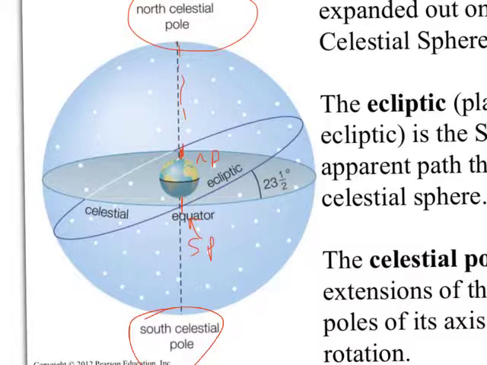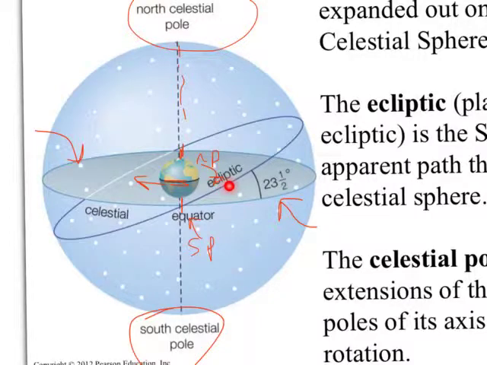There is a celestial equator too. If we take the Earth's equator and extend it out, we get the celestial equator. That's that light blue circle right here. Now, drawn at a tilt here is what we call the ecliptic.